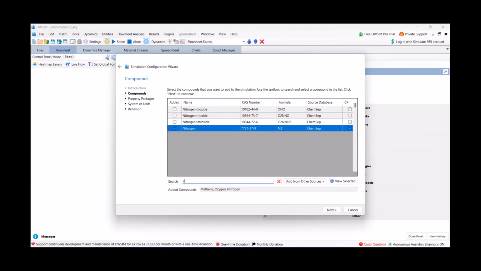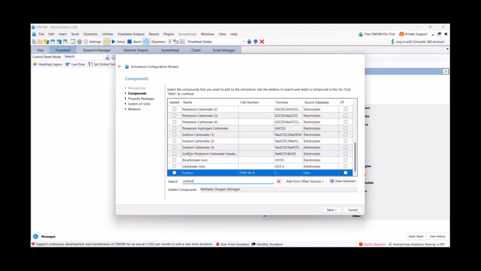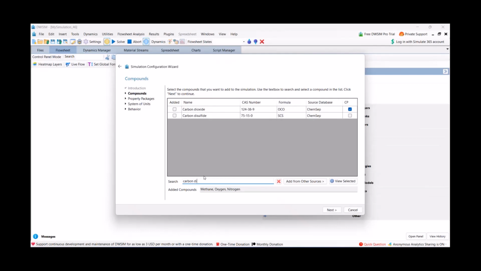Then we need carbon dioxide, and we will need water. For simplicity, I will only use these components and I will not add argon, etc. in air.